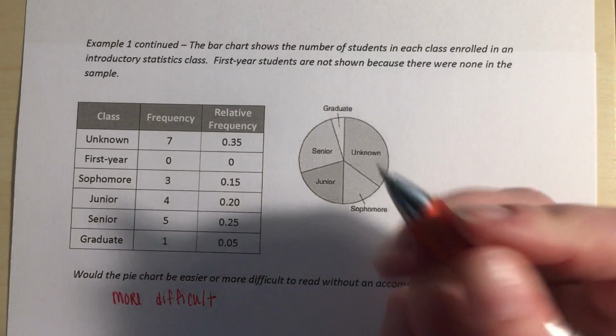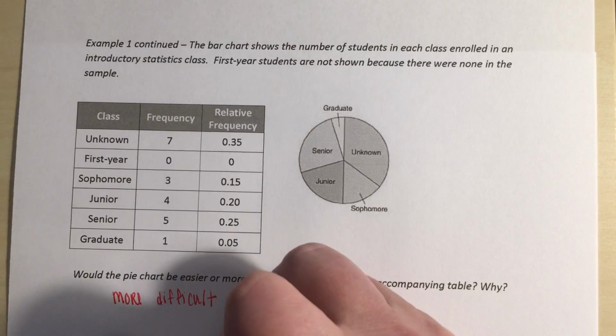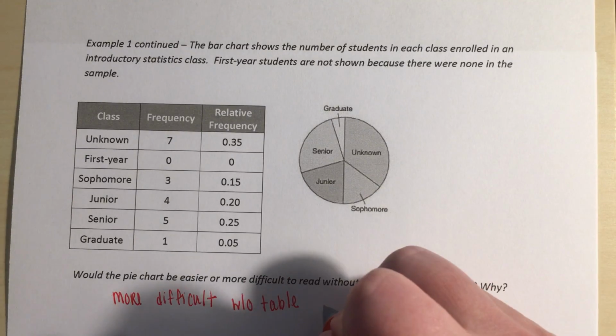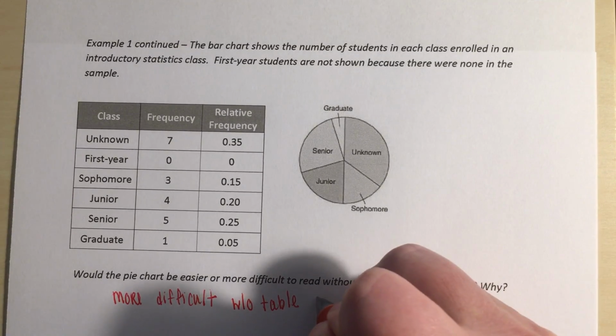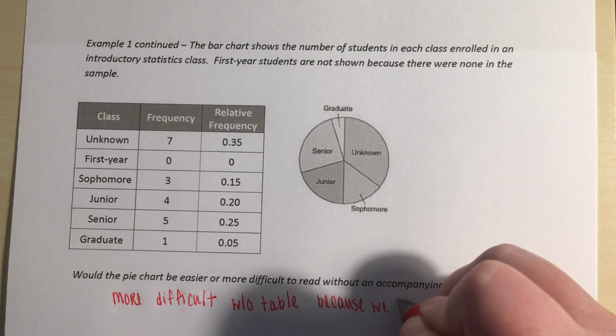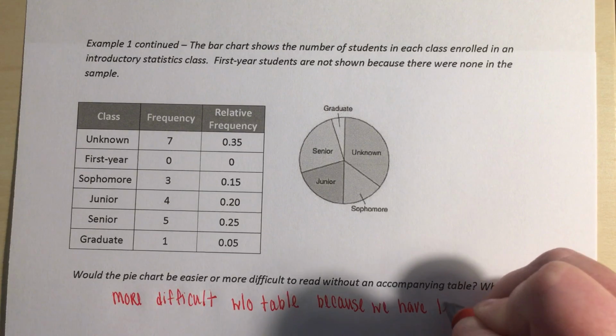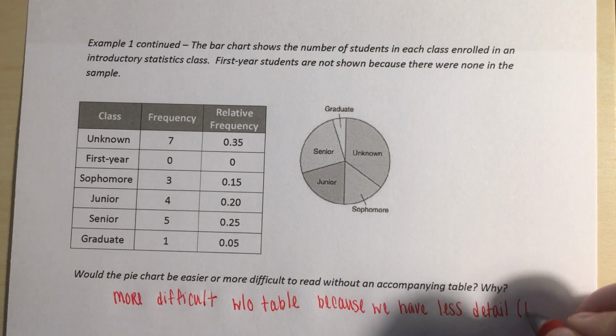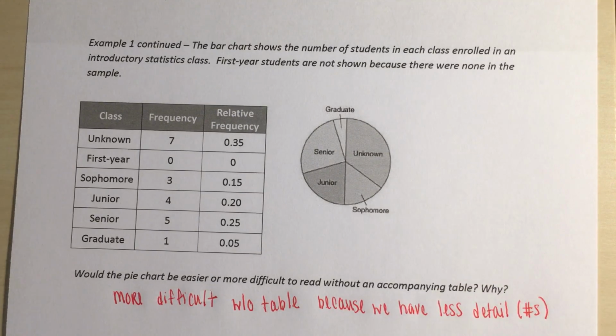It'll be more difficult without the table because we have less detail or numbers. So it's a little bit more difficult to read without our table because we lose our detail.